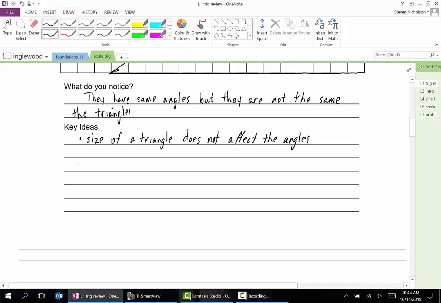What affects the angles is the ratio of the sides. And by ratio, I just mean comparison.